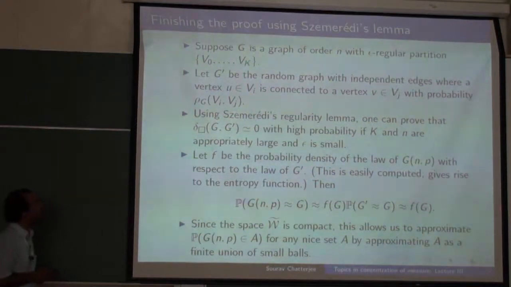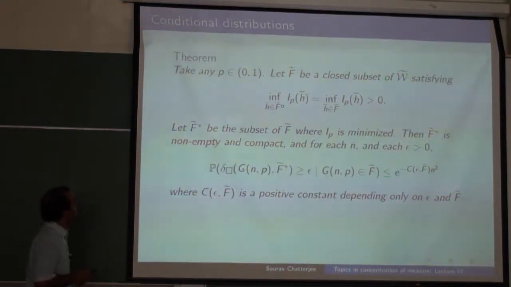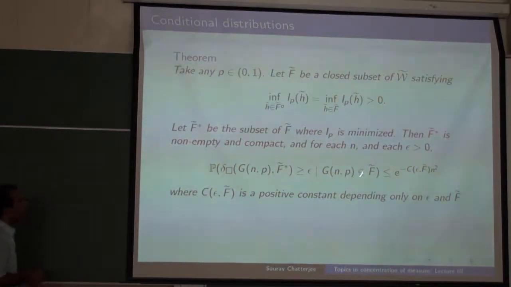So I'll go into applications. Here is one little remark, how to find the conditional distribution. So condition on that G(n,p) belongs to a set F. What is the behavior of G(n,p)? I'll just tell you what it is. It's basically you take this set F and see where the entropy is minimized, and G(n,p) will be close to that set, where the entropy is minimized.